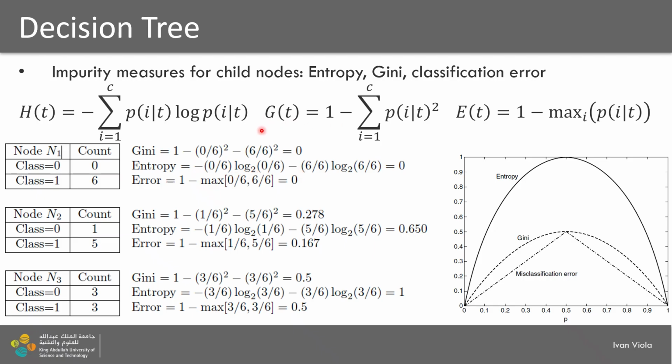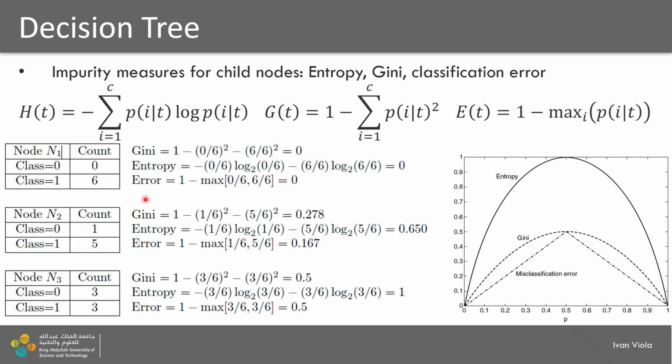Now let's have a look at the other measures. Here we have the so-called Gini impurity measure, which is 1 minus the sum of the squared class probabilities. Let's see what this measure gives us in this case. It gives 1 minus 0 divided by 6 is 0, and 6 divided by 6 is 1, squared is 1, 1 minus 1 is 0. So it's the same. Here is the Gini function, which will be very useful for us.